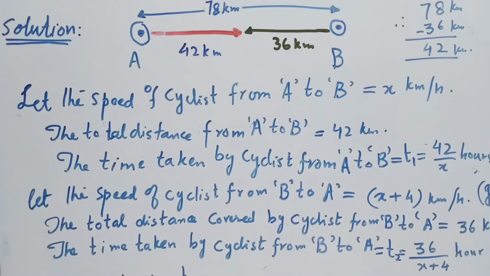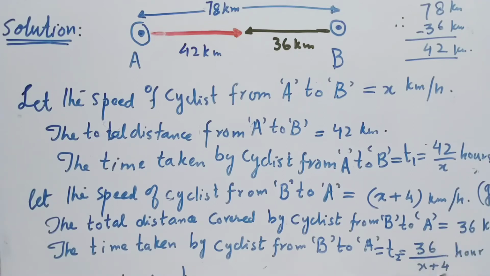Then let the speed of the cyclist moving from B to A be 4 kilometer per hour faster than the first one. So it will be x plus 4, because the first speed is x. It is given here as a condition that the speed of the one moving from B is 4 kilometer per hour more. But the one from B starts 1 hour later. So the total distance covered by the cyclist from B to A is 36 kilometer, and the time taken by the cyclist from B to A is t2, that is total distance divided by speed.